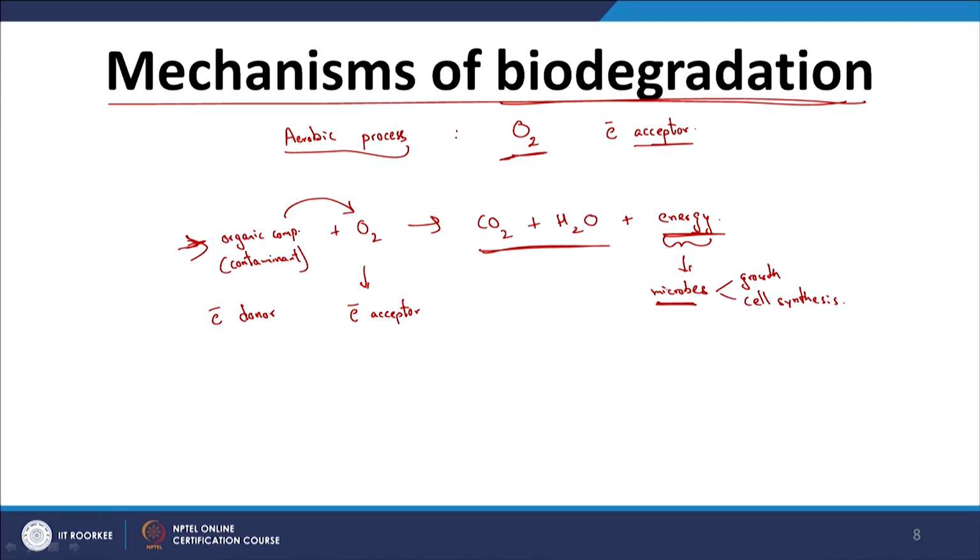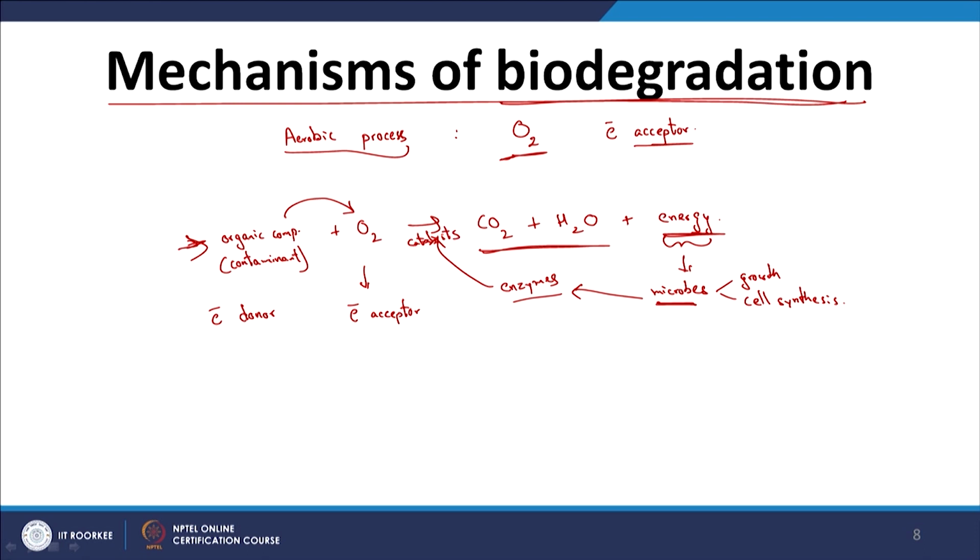So in an aerobic process, we are talking about a redox process, where you have oxidation of the relevant compound by oxygen. And how do the microbes facilitate that? They release enzymes, which act as catalysts.